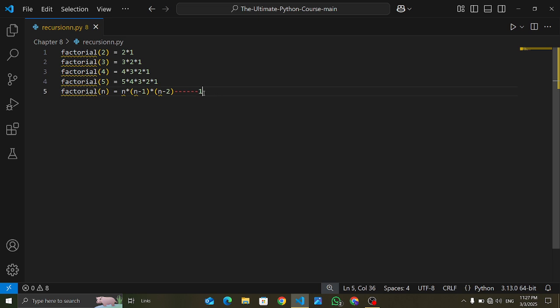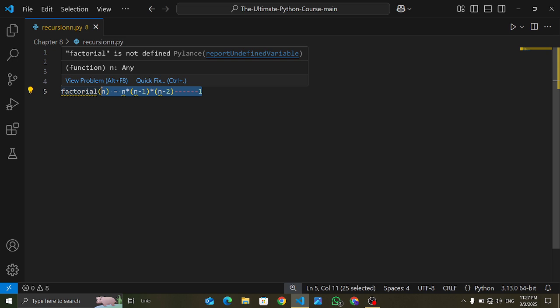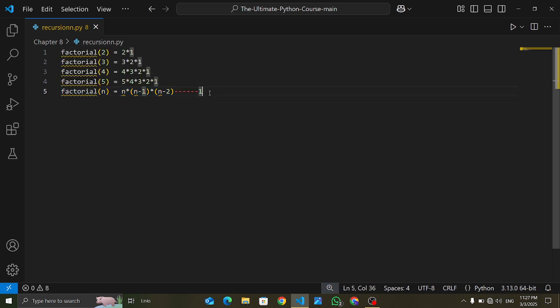So this is the formula of any factorial. If you want to calculate factorial 6, it is nothing but 6 multiplied by 5 multiplied by 4 multiplied by 3 multiplied by 2 multiplied by 1. So let me comment it down.